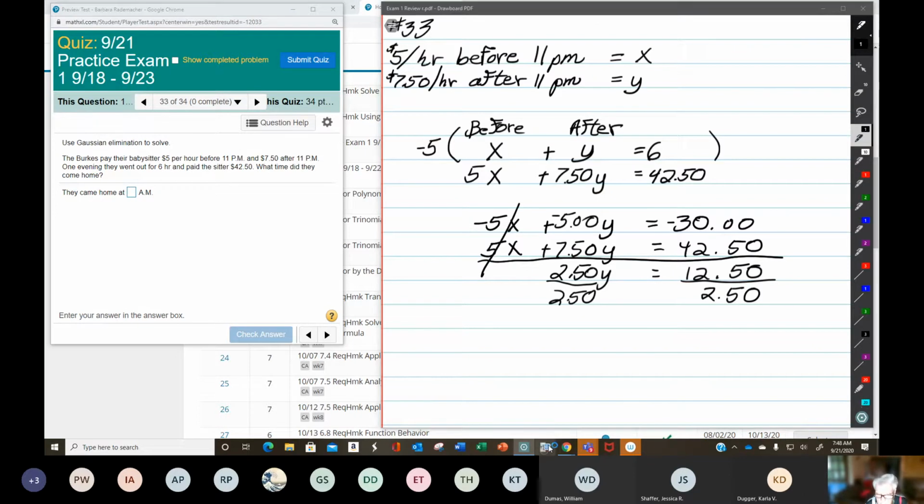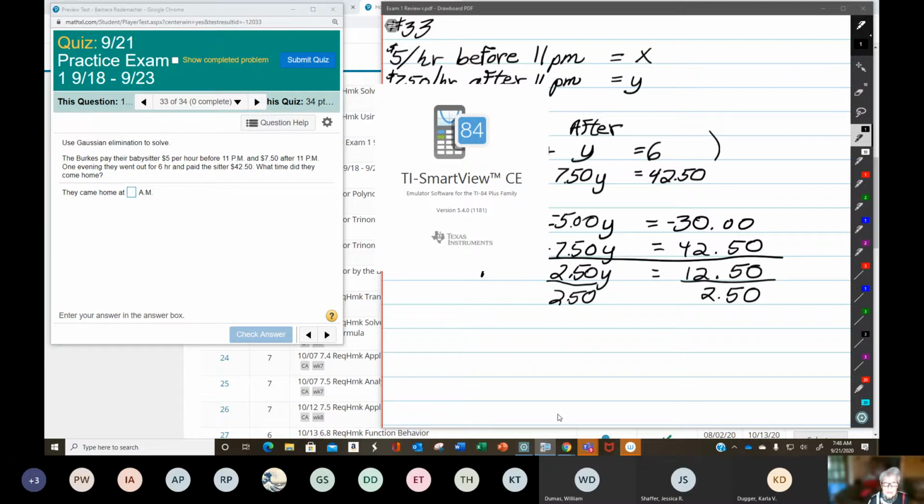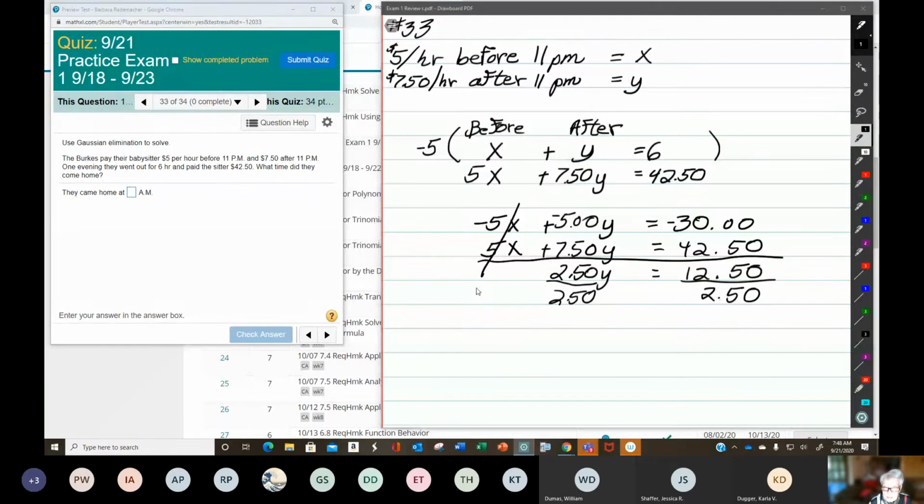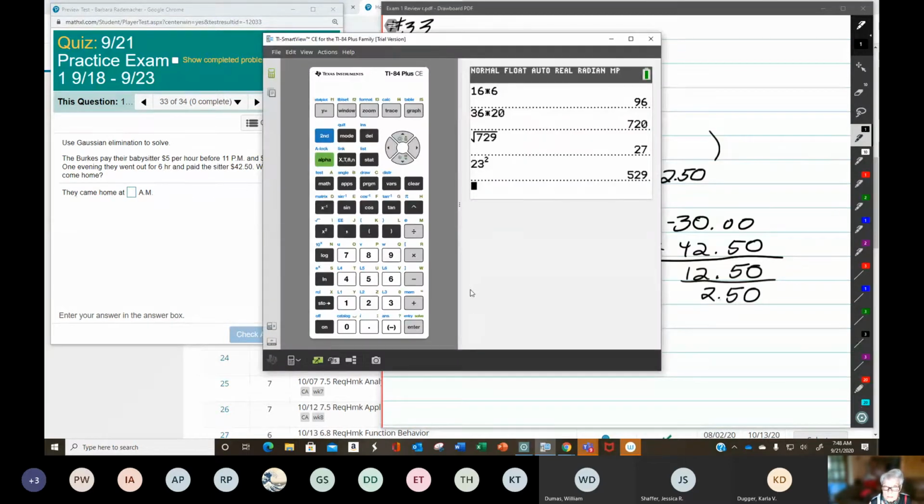So I'm going to get my calculator. And clear it. And say 1250 divided by 250 is 5.